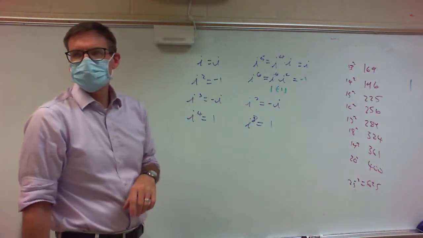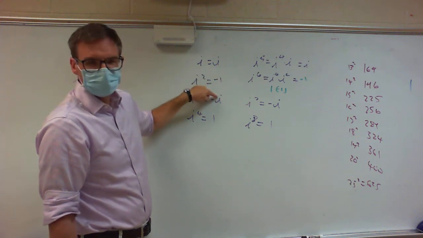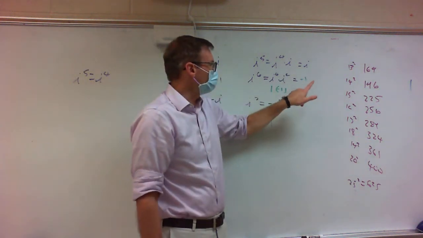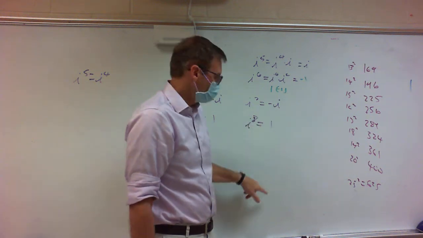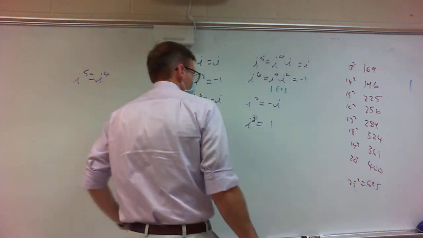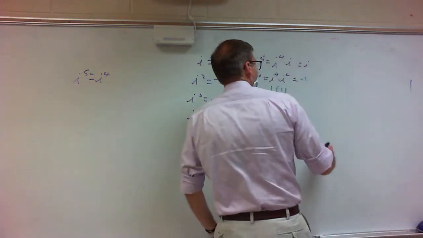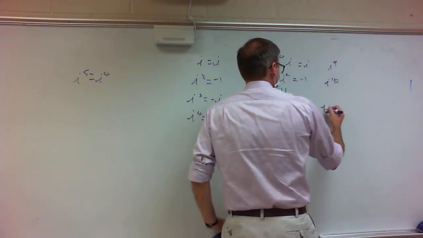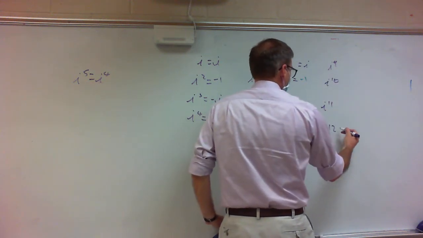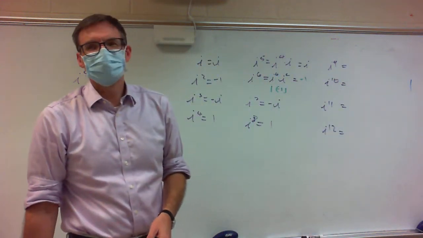Huh, that's interesting. So 1, I, negative 1, negative I, 1, and then I, negative 1, negative I, 1. Guess what I to the ninth is?